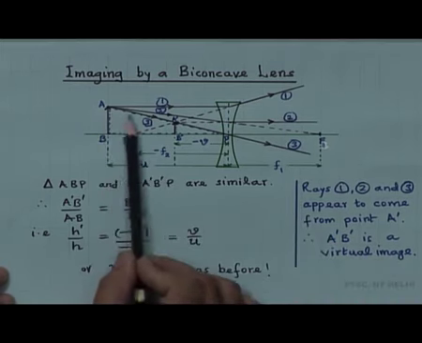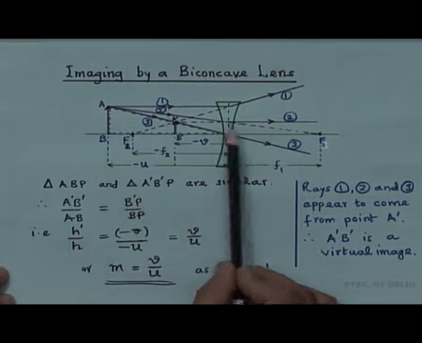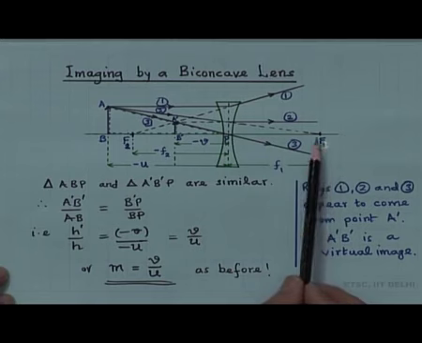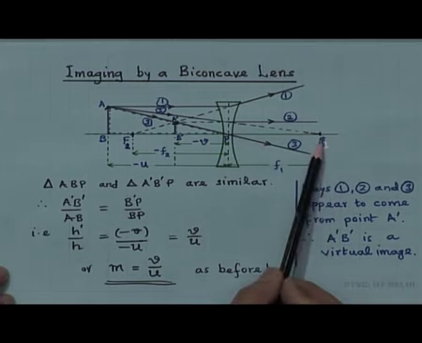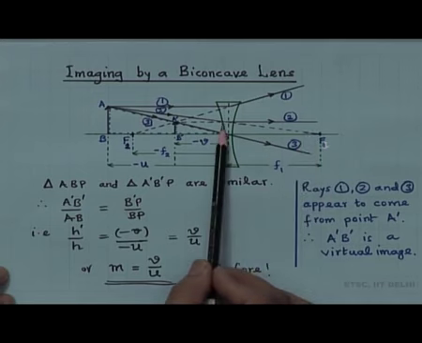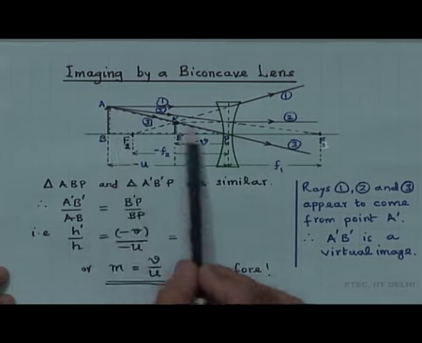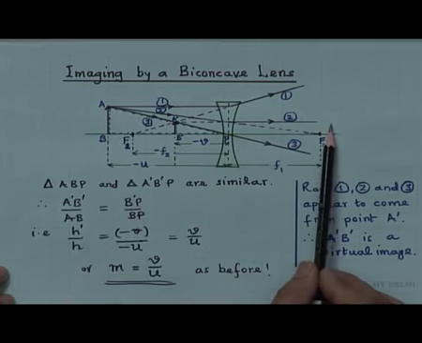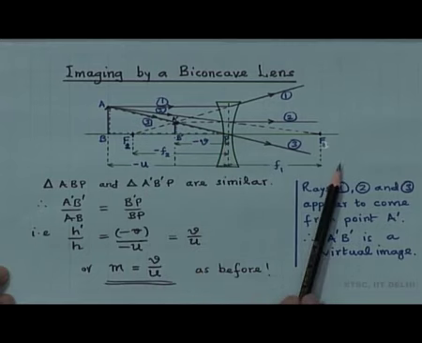A ray which would have gone to the principal focus would be rendered parallel, because if a ray were to start from here, then it would have been rendered parallel. And a ray which is passing through the center of the lens will go undeviated.